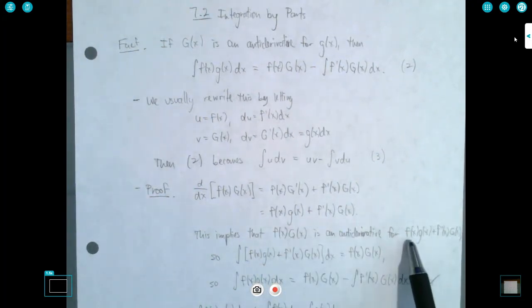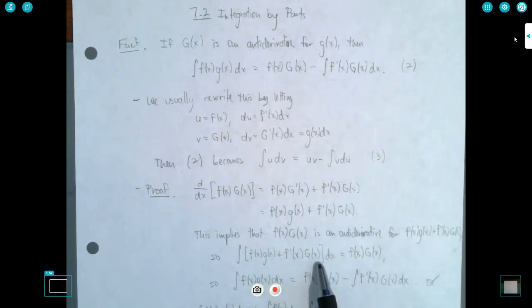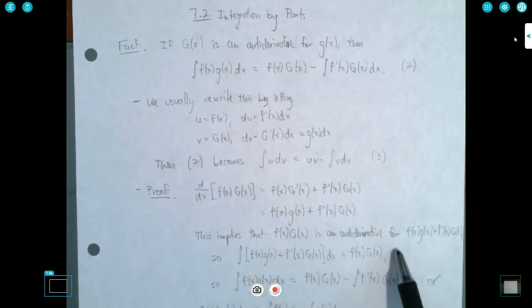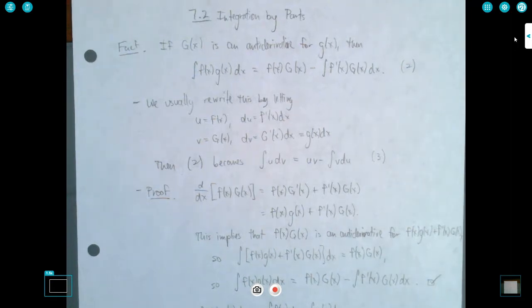So in other words, if you integrate this thing, you should get this thing back. Then, solving for the integral of f of x times g of x: integrals do distribute across addition, so we can distribute the integral across that addition and then move this part over to the other side. And then you end up with the statement that we began with. So there's the proof.